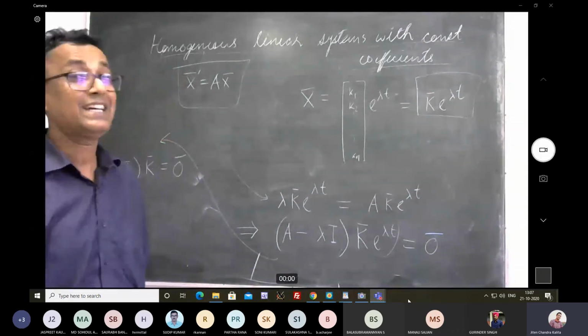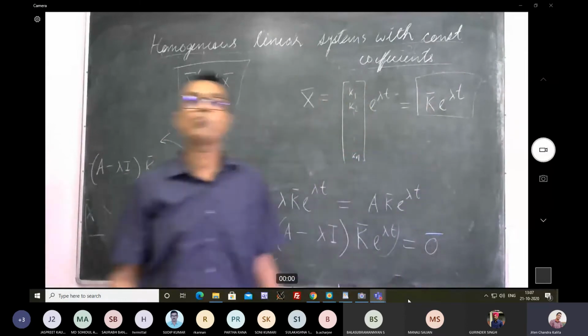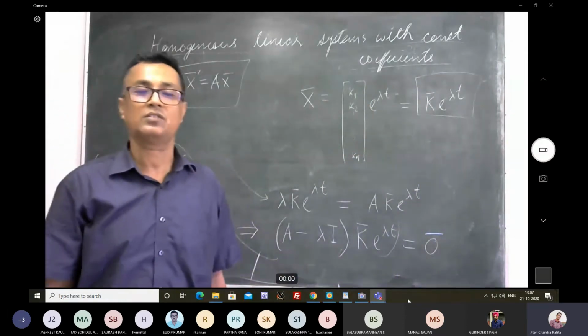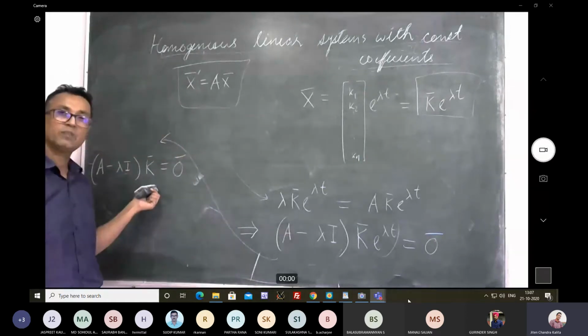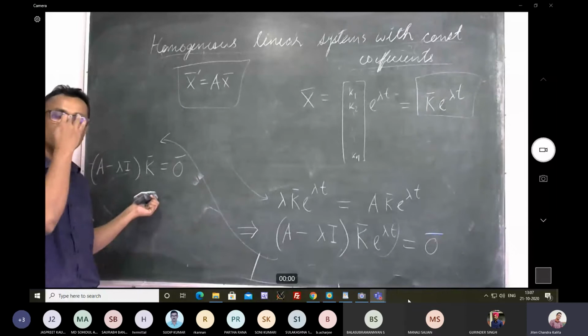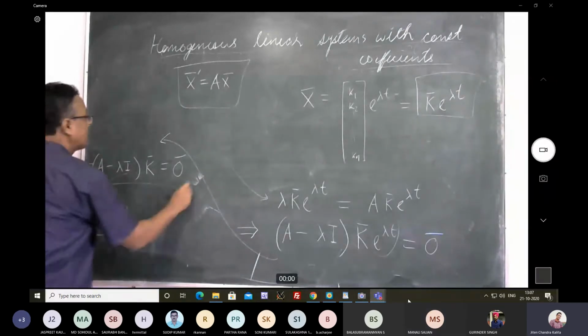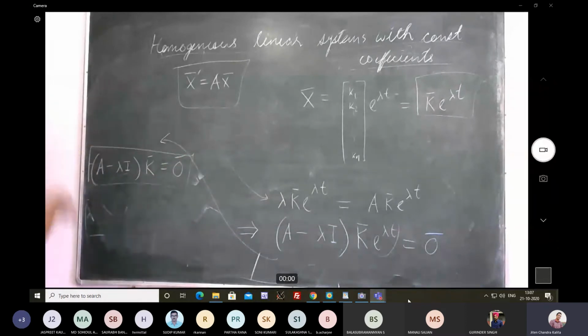Although I told you that k is a constant vector, I didn't impose any conditions on it. Is it okay with everybody till this step? Now what does this tell you? Does this equation look familiar to you?